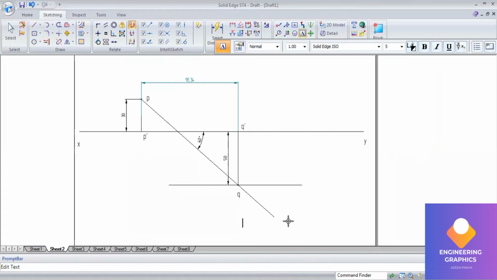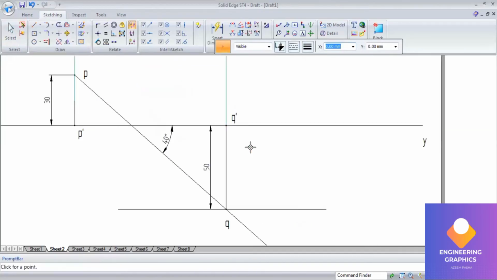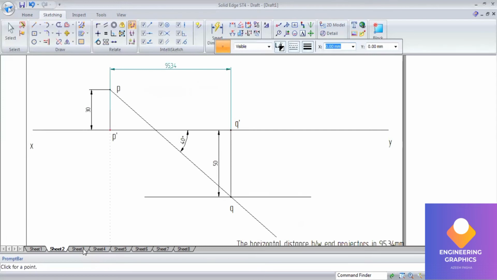We can type in: the horizontal distance between end projectors is 95.34 mm. For this P dash and Q dash, you mention the point here. So this completes the second problem.